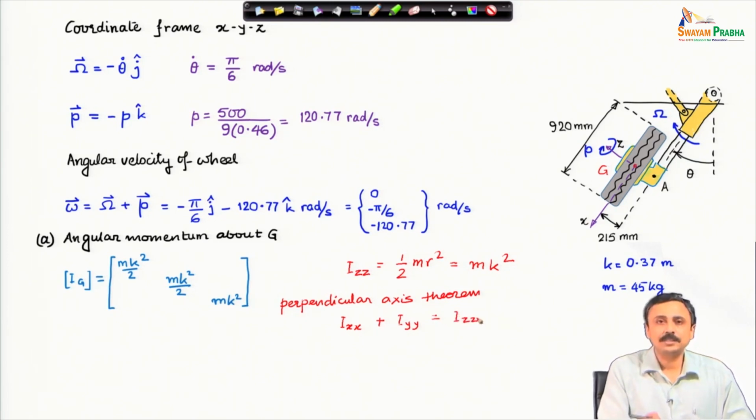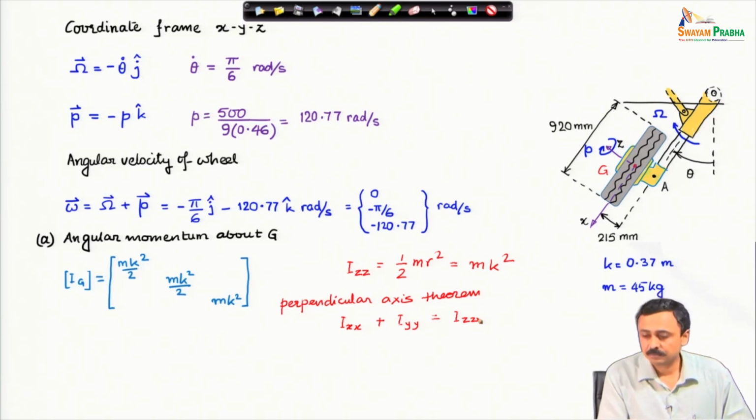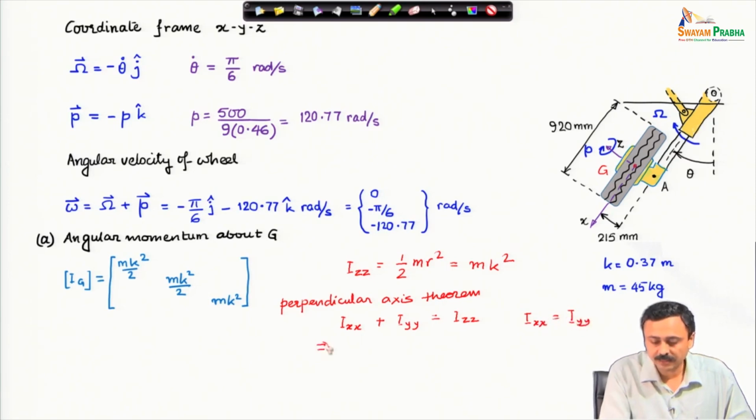Because this is a uniform symmetric disk, I x x must be equal to I y y, and that gives us I x x is equal to I y y is equal to I z z by 2, and that turns out to be half m k square.